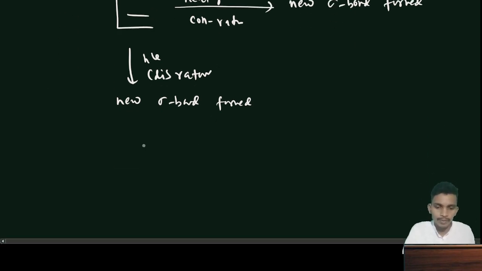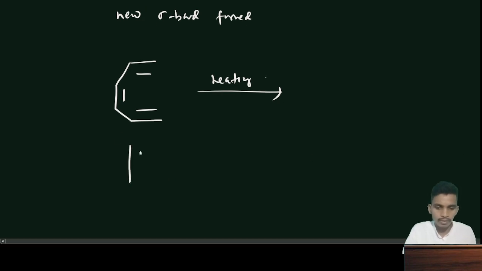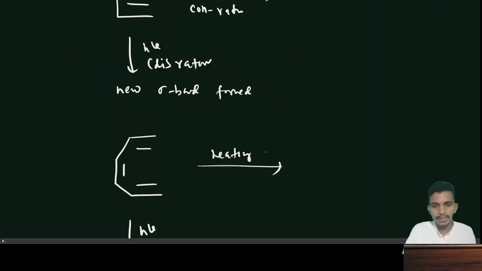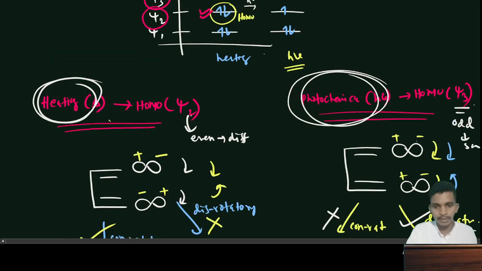Another substrate is what you see here, like this one. This one I have also said, on heating, and another is on photochemical conditions. So if this is the substrate, then where I get the bonds I have said here.